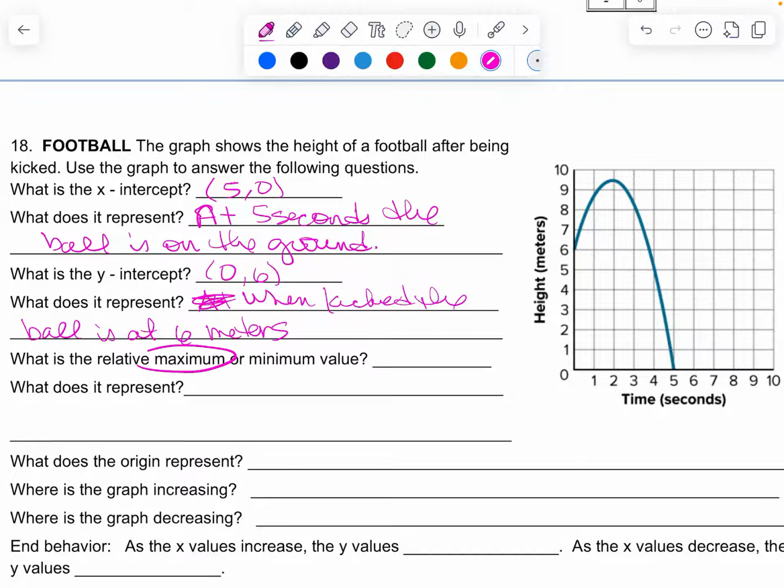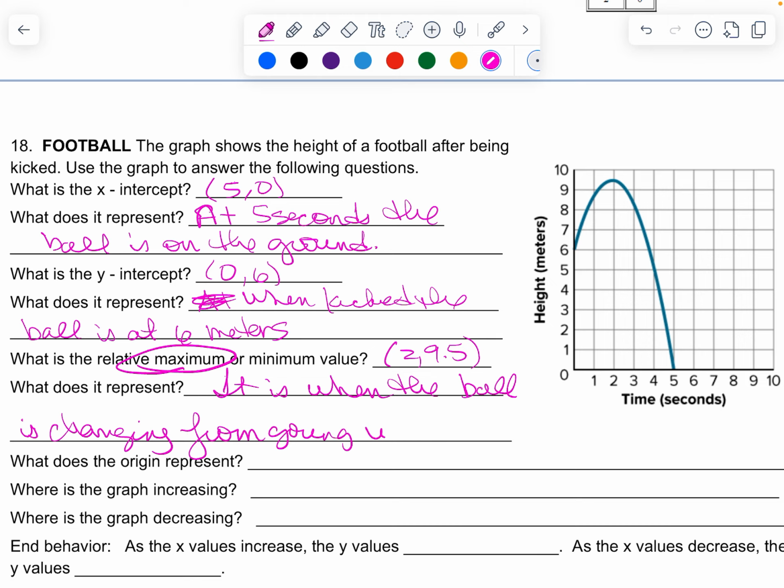What is the relative maximum? It is approximately 9.5. It is when the ball is changing from going up to going down.